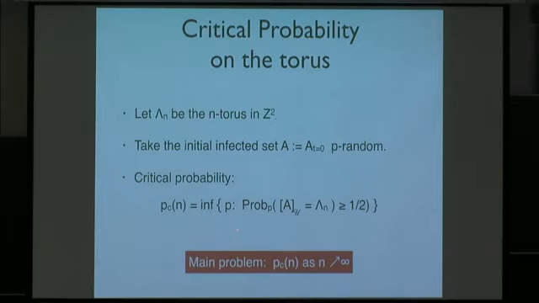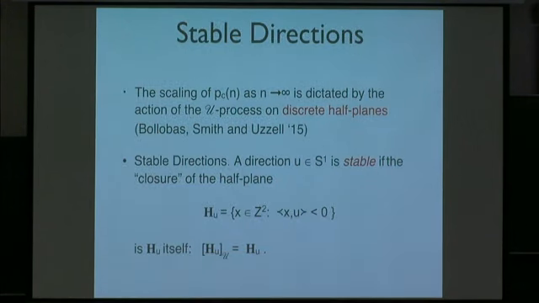Then you define the critical probability as the infimum of the values of p such that the probability that eventually you will infect the whole torus is at least, say, 1/2. The 1/2 is just a convention threshold. The main problem is to study the behavior of the critical probability as n, the side of the torus, tends to infinity.